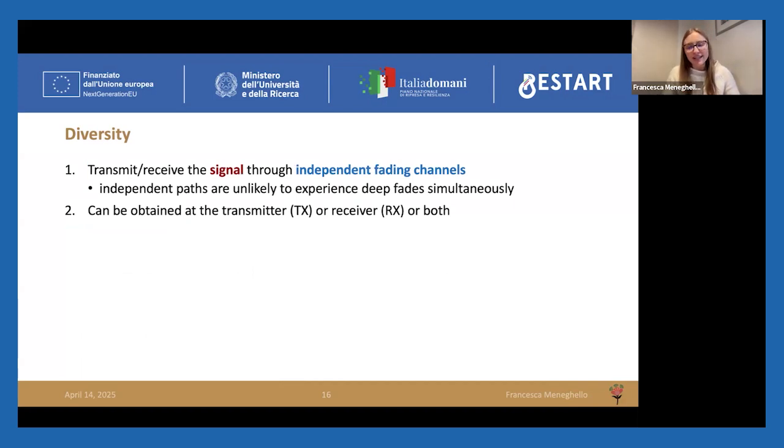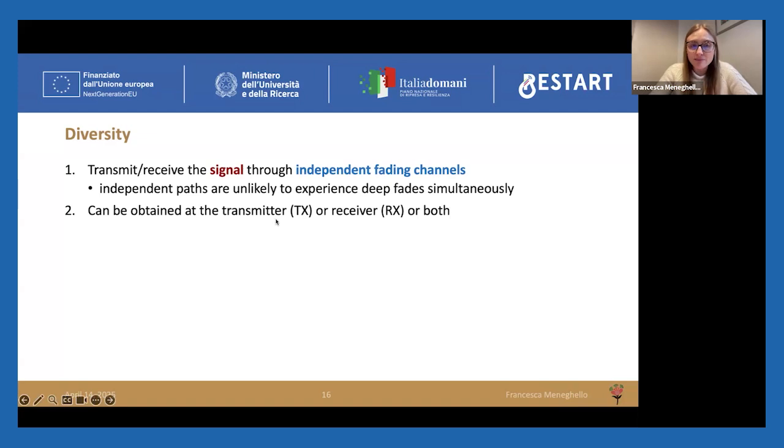In this way, we are adding redundancy because we are transmitting or receiving the same signal several times. And this redundancy helps us in improving the robustness of our system, because it is very unlikely that all the independent fading channels will experience deep fades simultaneously. So at least one of the channels will be good and will allow us to properly decode the stream.